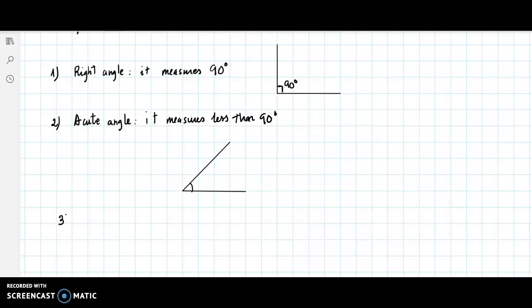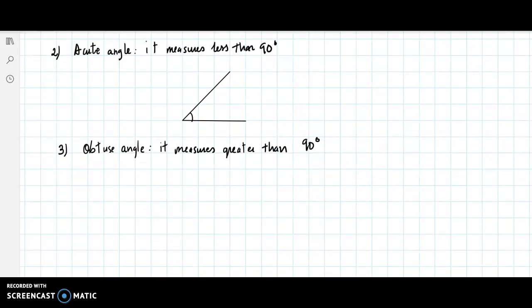And finally, the obtuse angle. So as you can imagine, it measures greater than 90 degrees.